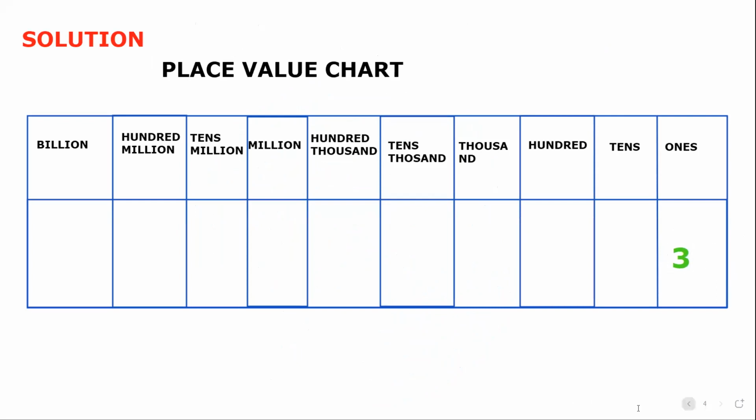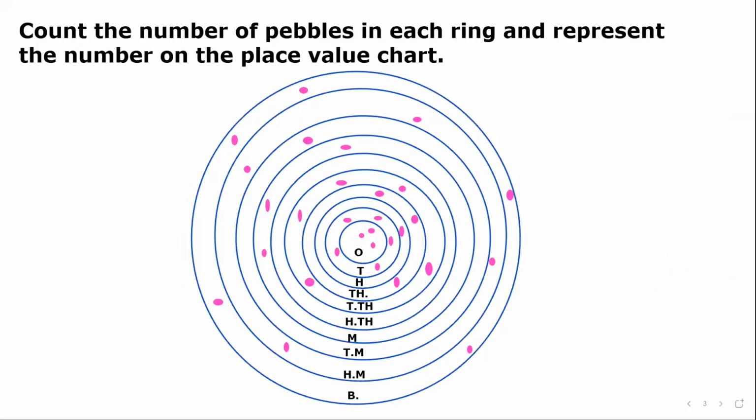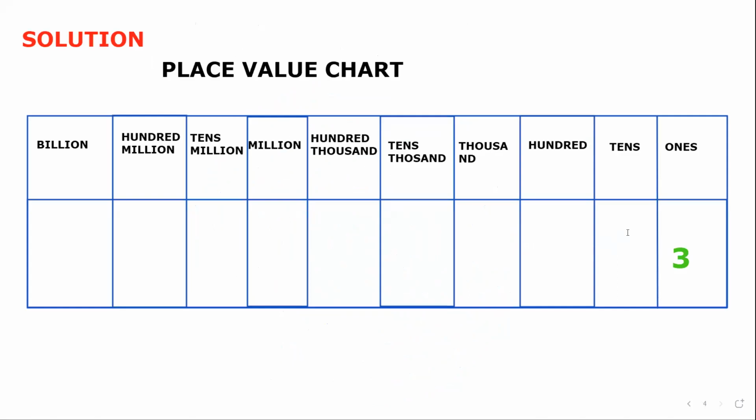Then you move on to the tens. You count the number of dots in the tens area. So you count 1, 2, 3, 4, 5. So the tens is 5. Then you come to the tens. That is the 5. Good.